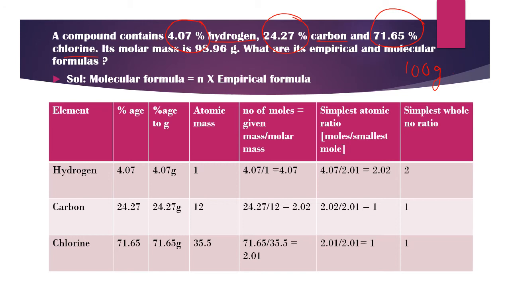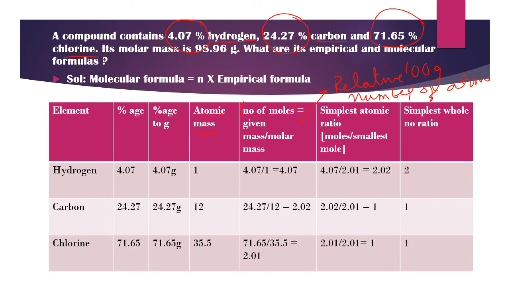Then in the fourth column, we have the atomic masses. We start calculating from the fifth column. In the fifth column, we are finding out the number of moles, for which the formula is given mass by molar mass. Number of moles gives us a relative number of atoms in a molecule.